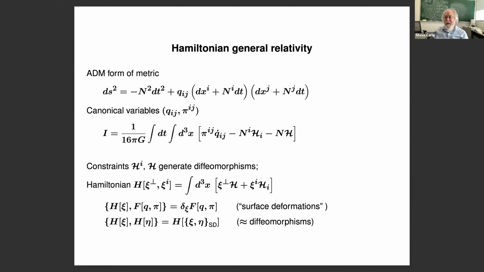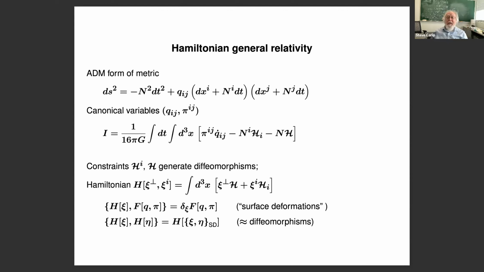You write the Einstein-Hilbert action in Hamiltonian form, and you find that the action is a totally constrained action. That is, that the Hamiltonian consists of a set of constraints, script H and script H_i.